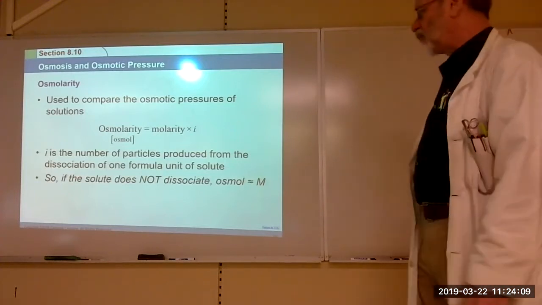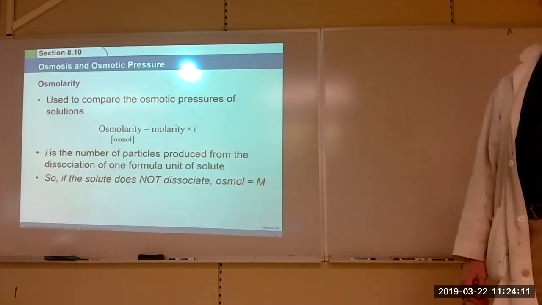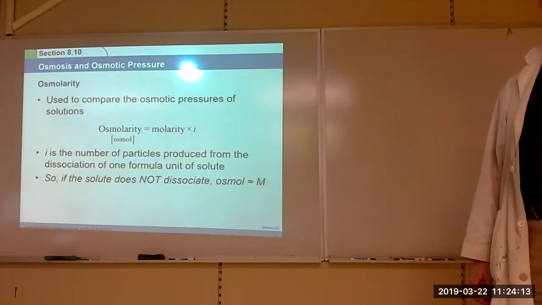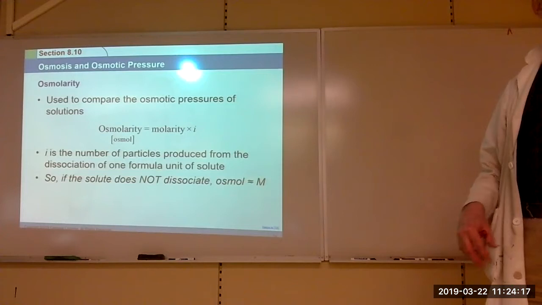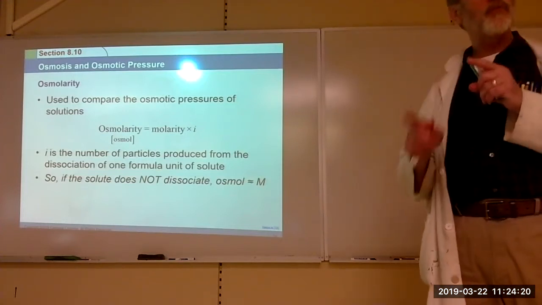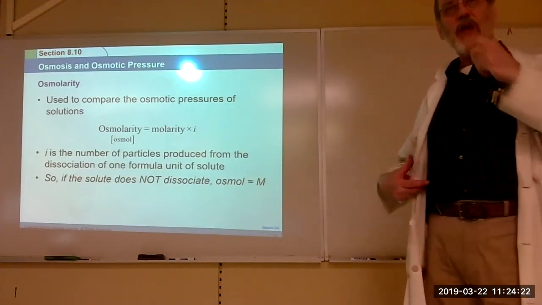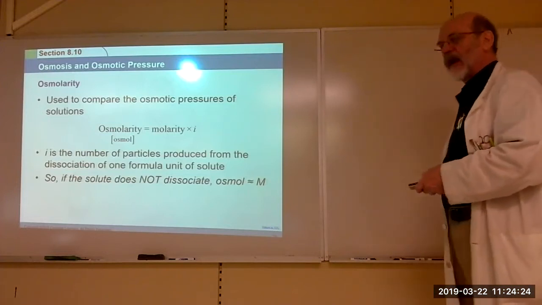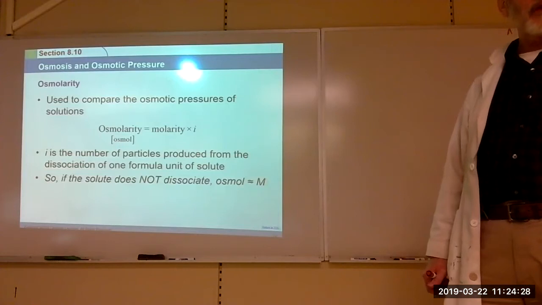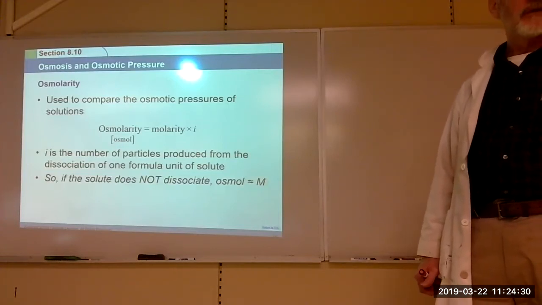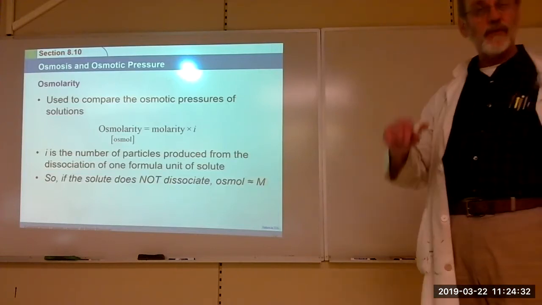So if we have a 1 molar solution of sodium chloride, what does it do in solution? It splits. So now you have 2 particles for every 1 you put in. So the osmolarity, if you say the molarity of sodium chloride is 1, the osmolarity is going to be 2 because it splits into 2 separate particles.